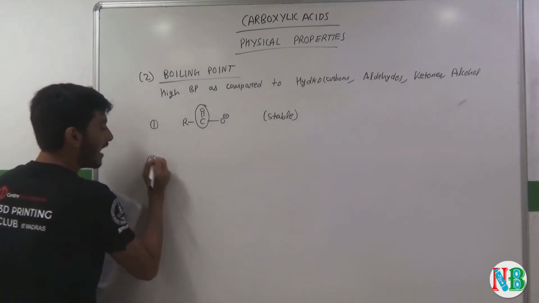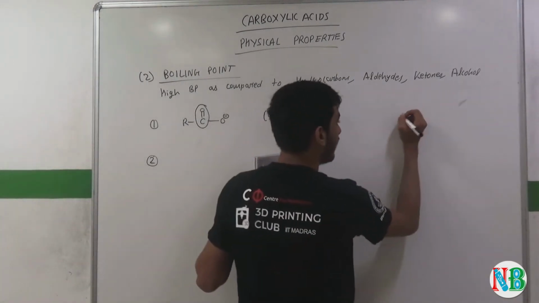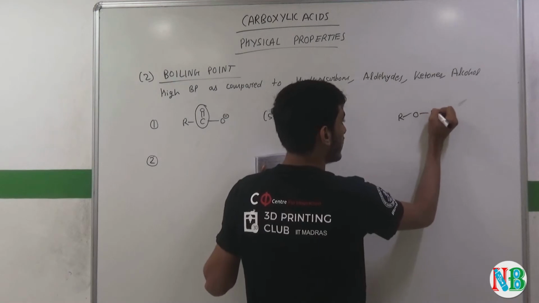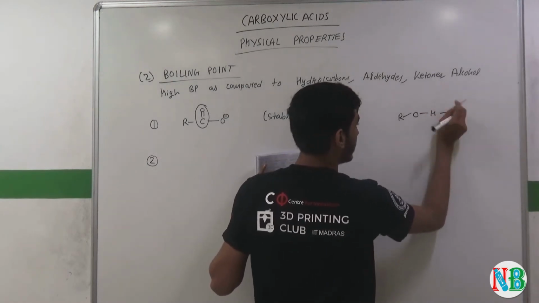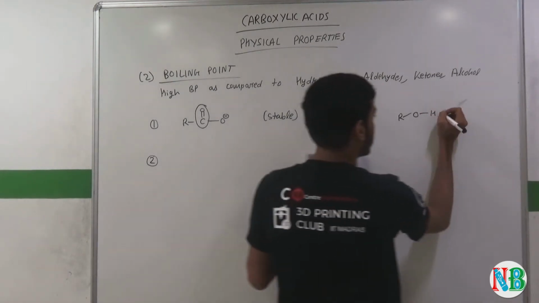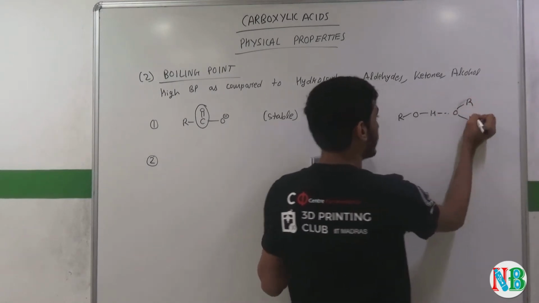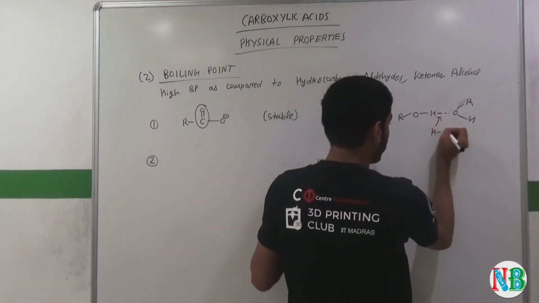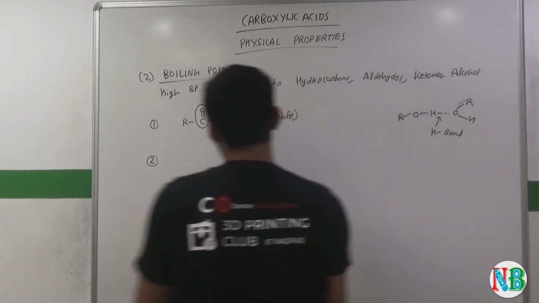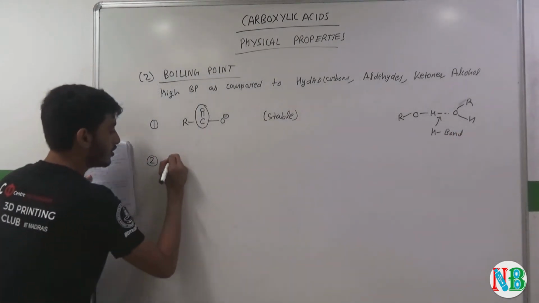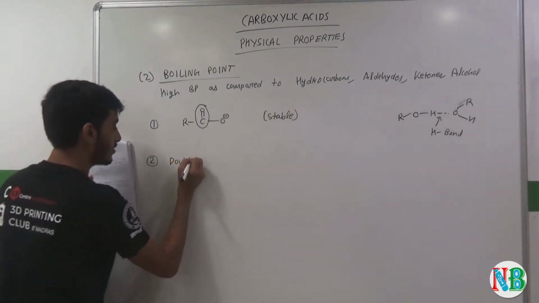The second, alcohols have only one H bond, whereas acids have 2 H bonds.